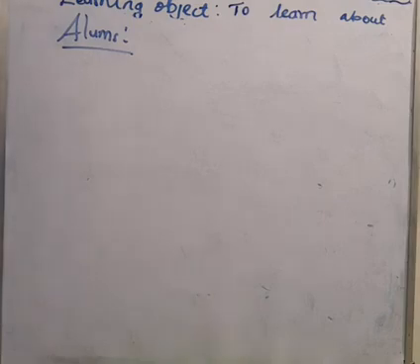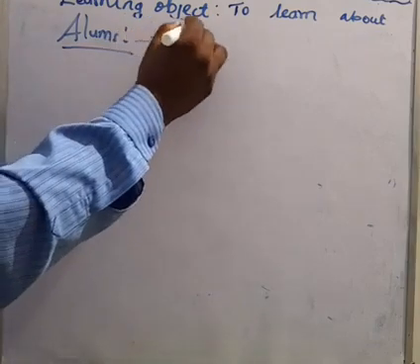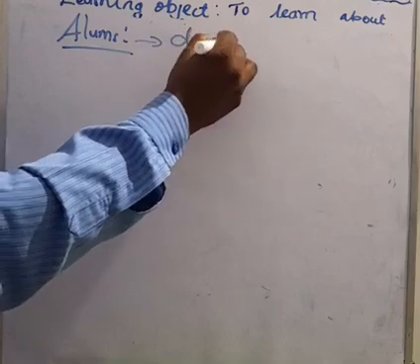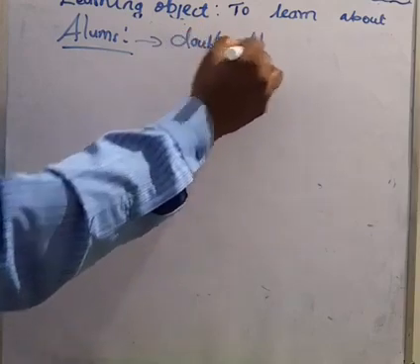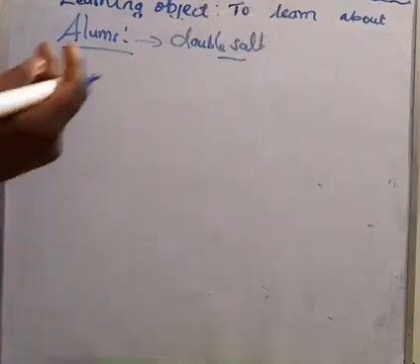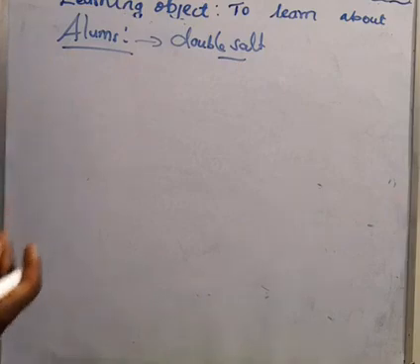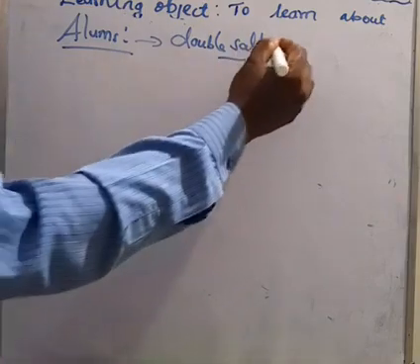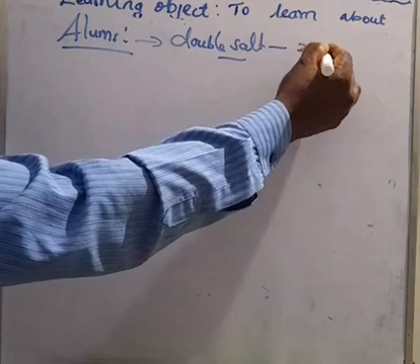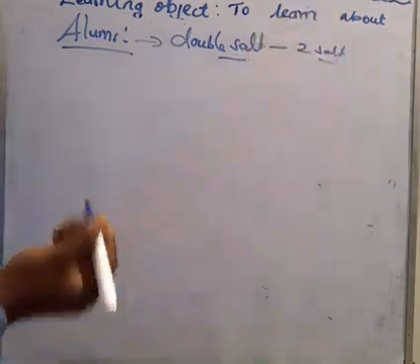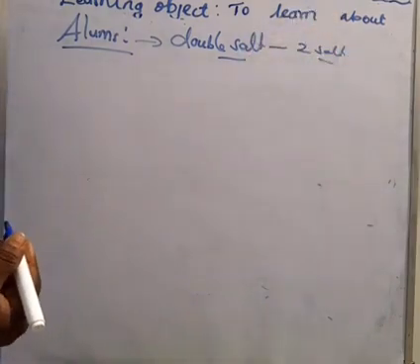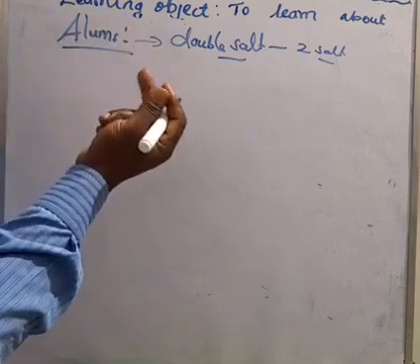Before that, we have to learn about alums. The name alum is given to the double salt of potassium sulfate and aluminum sulfate with water molecules. What is the meaning of double salt? A compound having two different salts.